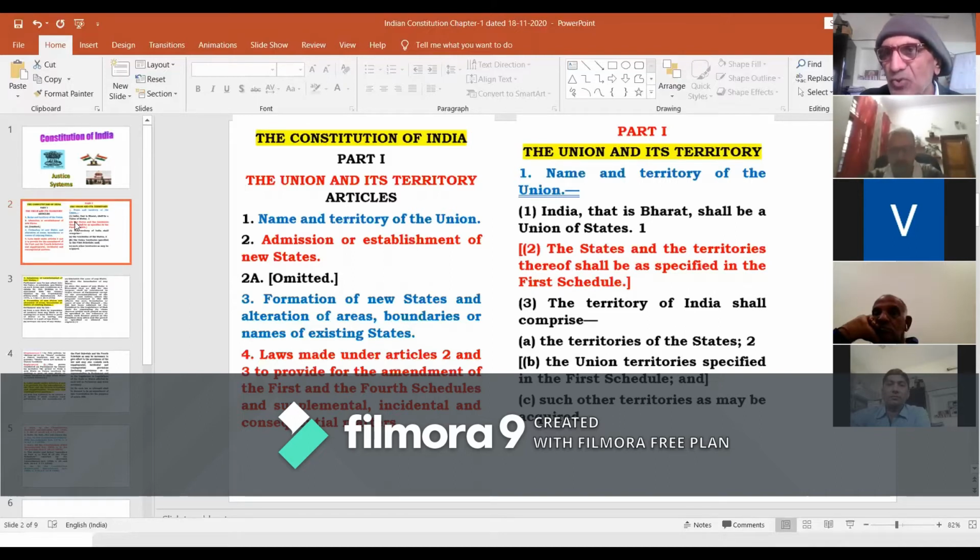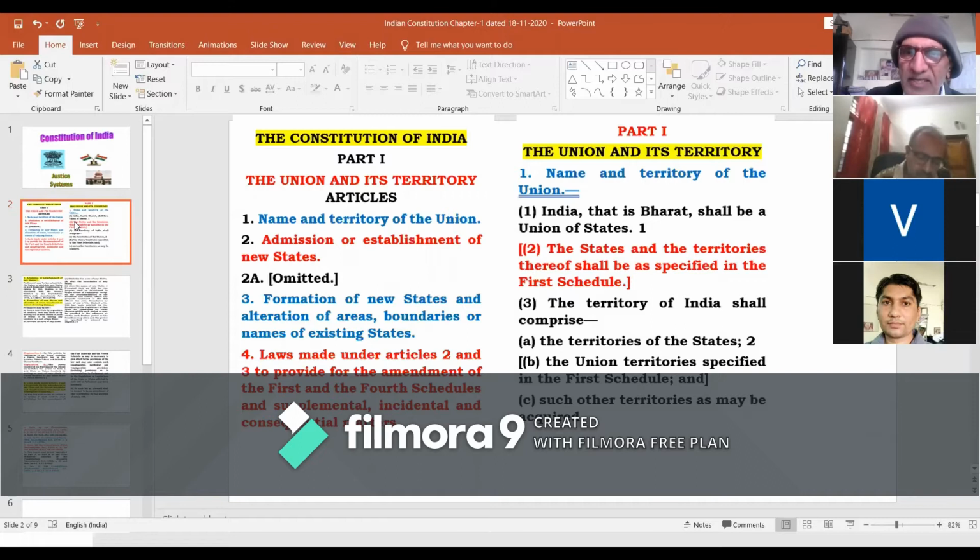It is a constitutional mandate, a constitutional requirement, that while laws are framed under Articles 2 and 3, there is to be a provision for the amendment of the First and the Fourth Schedules and supplemental, incidental, and consequential matters. The word used is matters, and the adjectives used are supplemental, incidental, and consequential.